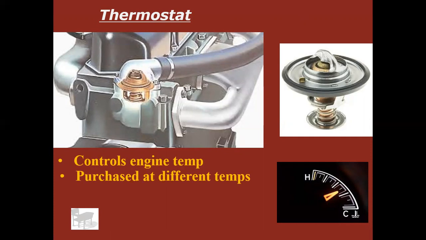But again, 1990 and older, maybe even 2000 and older, you could go to NAPA and say, I want a 160 Fahrenheit thermostat, or a 195, or a 215, depending on what kind of climate you lived in or what you do with your vehicle. It could be for a variety of reasons, which we're not going to get into right now, but just know that it can be done on some vehicles.